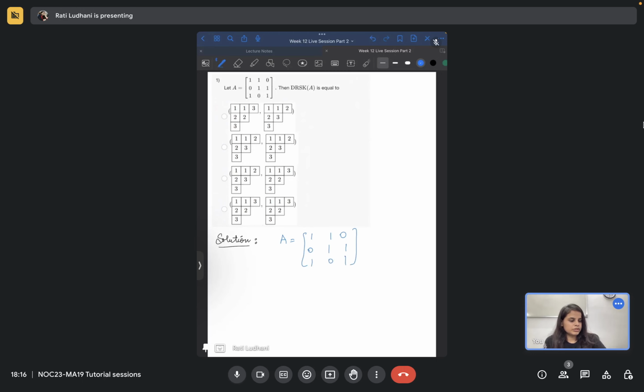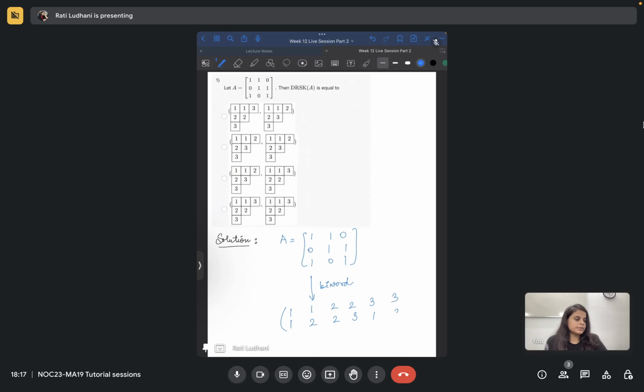First we will find the biword or bivector. So what will it be? 1 1, 1 1, 1 2, 1 2, 2 2, 2 3, 3 1, 3 3.